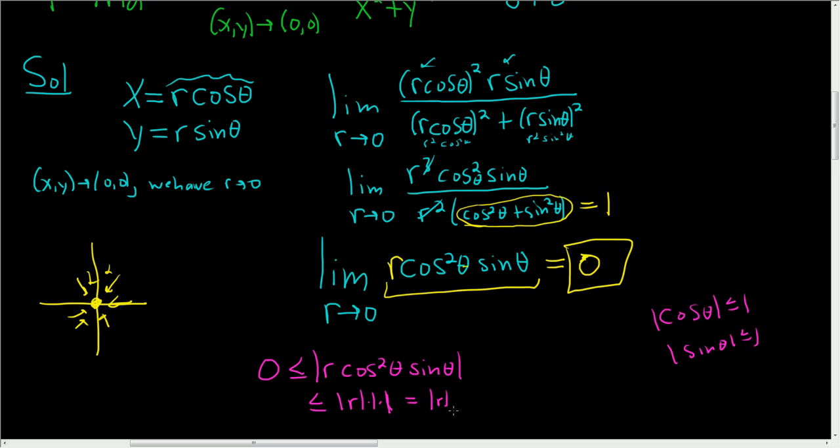And then via the squeeze theorem, as r approaches 0, this approaches 0, this approaches 0, so via squeeze, this guy approaches 0. So what's inside approaches 0 as well. So this limit exists, and it's independent of theta. It doesn't matter what theta is, this limit is going to be 0. So the limit is in fact 0. That was kind of rushed, but hopefully that made some sense.